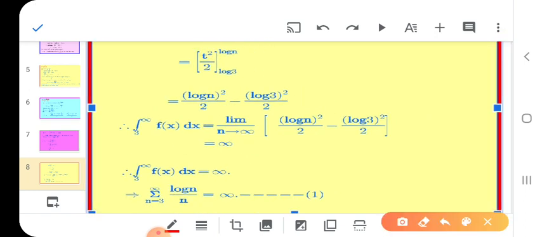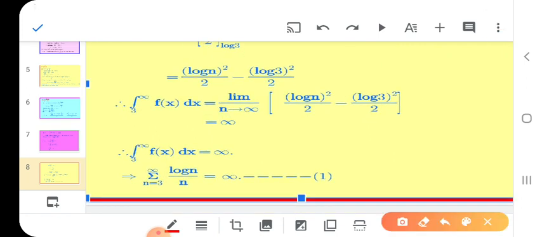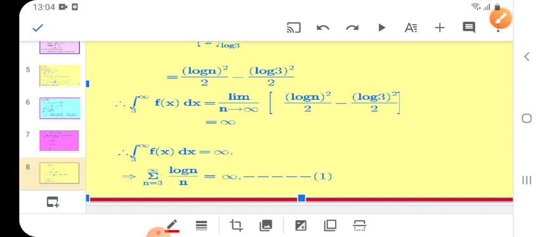First I write the f of x dx value and find the limit from 1 to n or 2 to n, whatever is given, and take n tending to infinity. This is the procedure. But here the integral should be from 2 to n, but I take 3 to n.